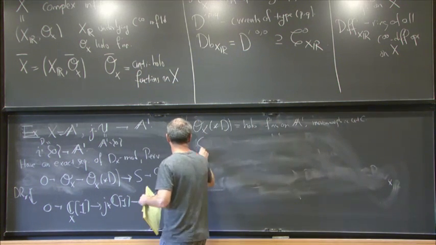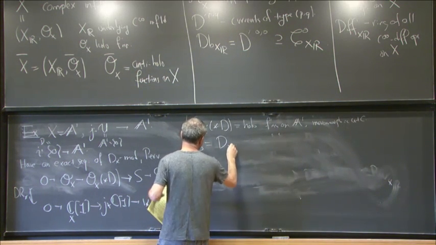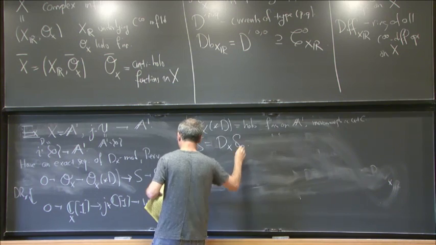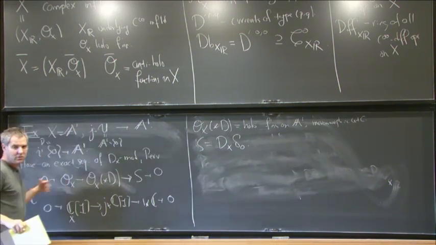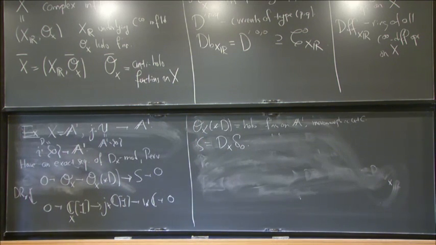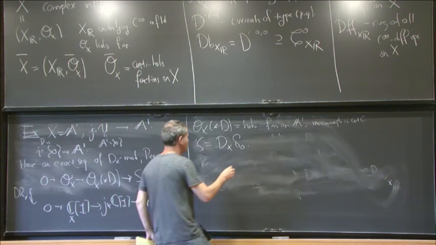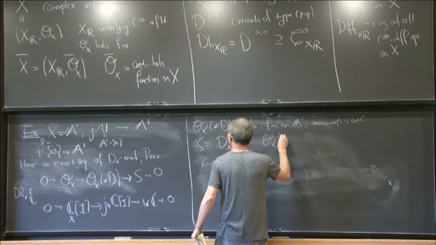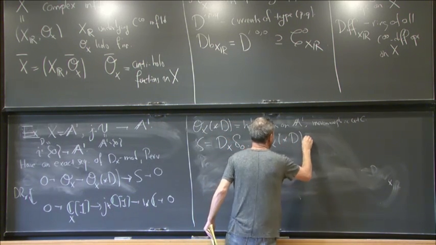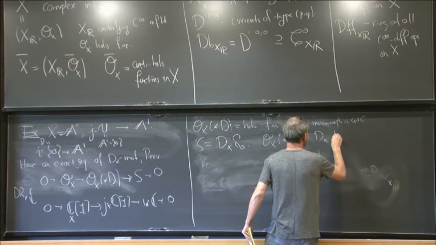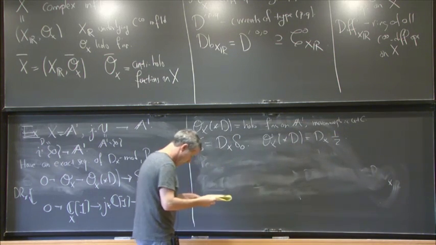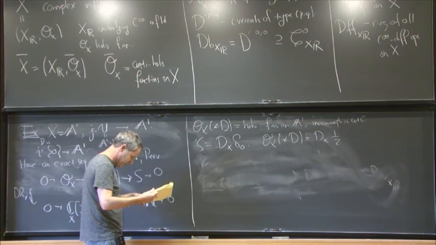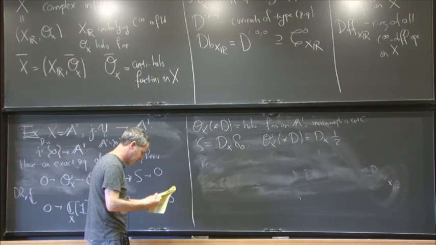And this S, one way to think of this S is as dx of the delta function. That's one way to think of S. Also, OX star D is generated by OX star D. You can also think of it as dx of 1 over z. Now, I want to see what Kashiwara conjugation does to this, because this is kind of cool.